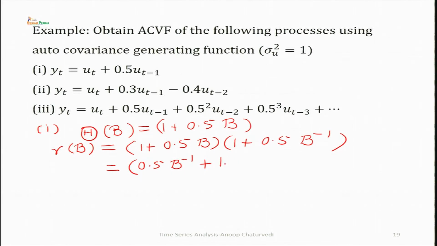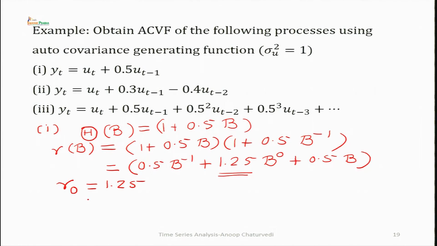So, you get 1.25 B to the power 0 plus 0.5 B. Now, the coefficient of B to the power 0 gives you gamma 0, means this is the variance of the process.